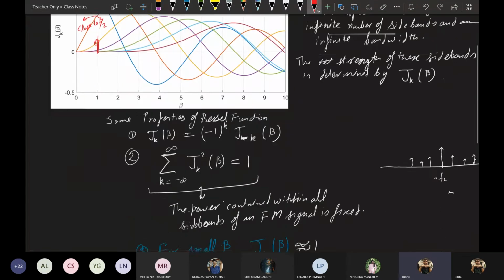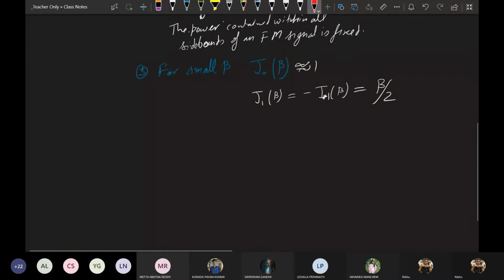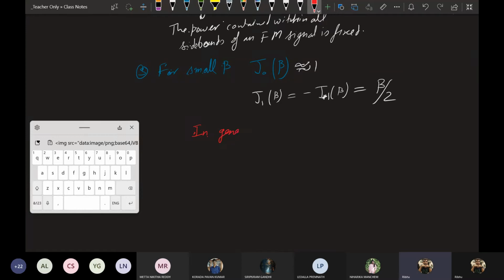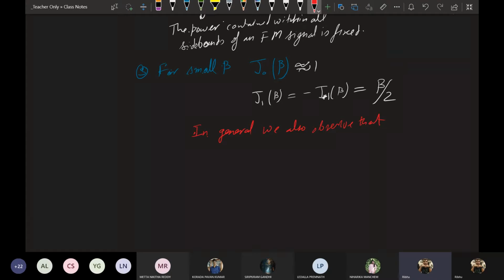So in general, also observe that Jn beta becomes significant only after a certain beta.